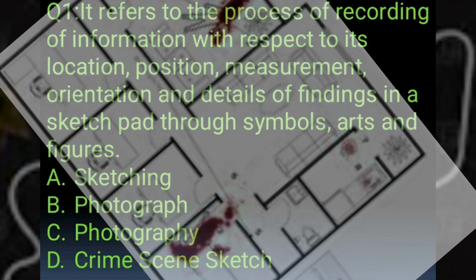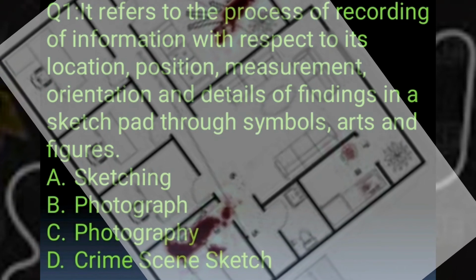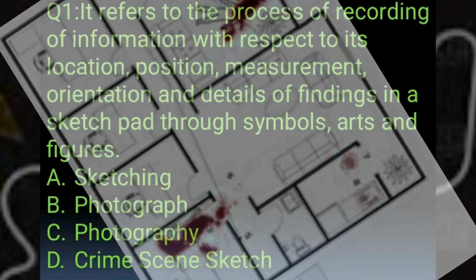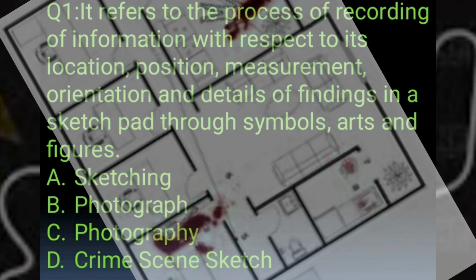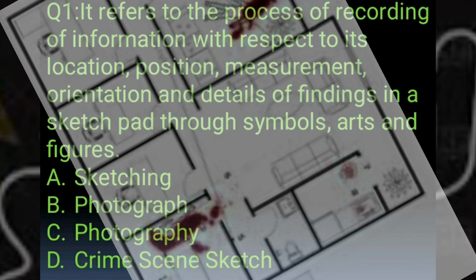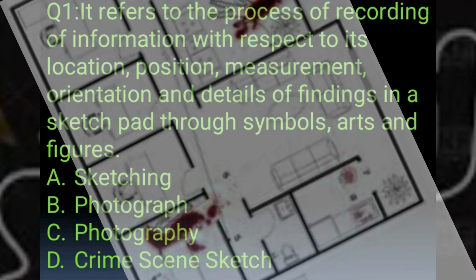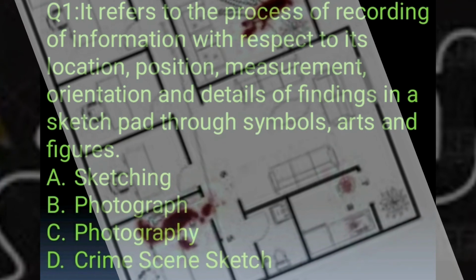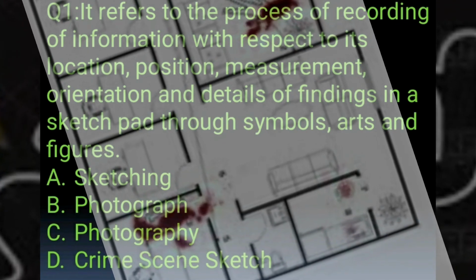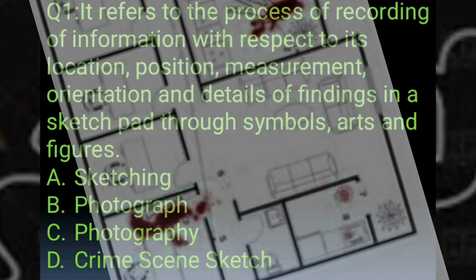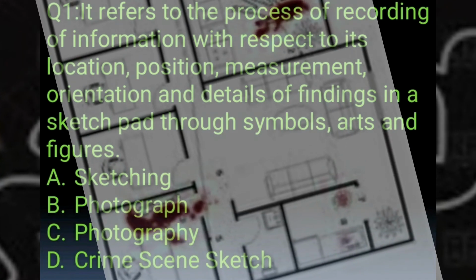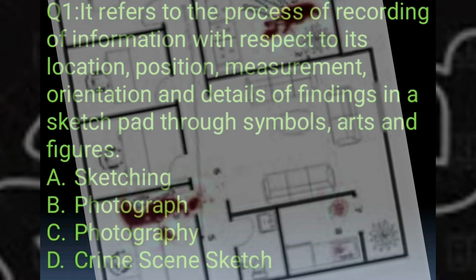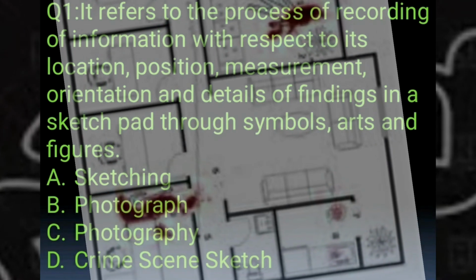Photograph is a product of photography, no? From the word phos and graphos, no? Yan, a product or an image which is produced through the use of light. Photography is the process of taking image or images, okay, or picture through the use of camera, no? Yan.